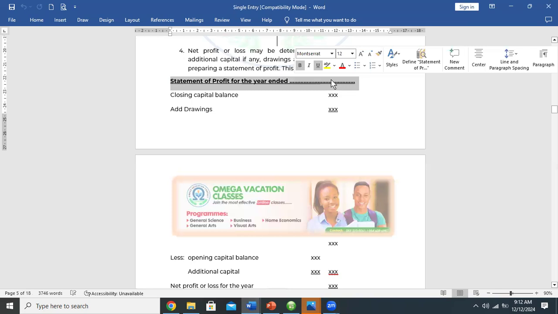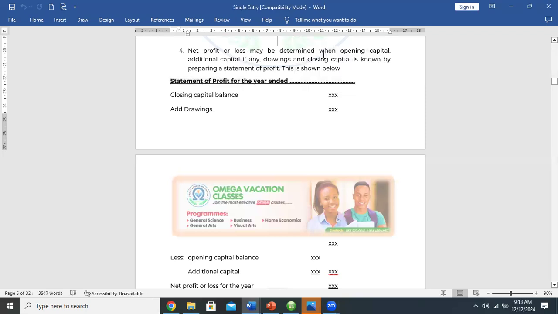Interestingly, you can refer to your balance sheet, financed by. However, before I take you to that, let's look at this statement of profit. It says that the net profit or loss may be determined when opening capital, additional capital, if any, drawings, and closing capital is known by preparing a statement of profit.